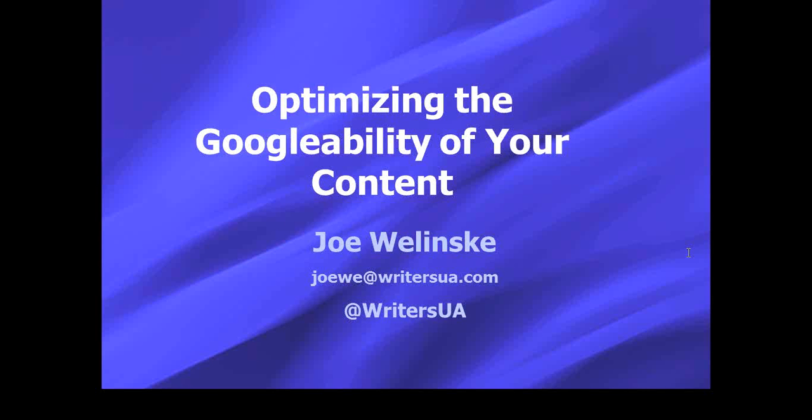The topic that I want to bring to you today is optimizing the Googleability of your content, which isn't actually a special project area I work on, but it's something that I've brought into all of my projects lately.